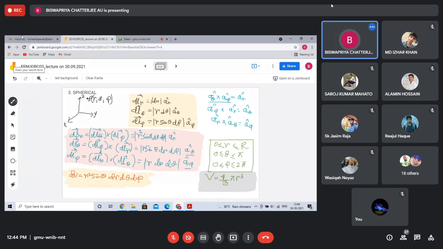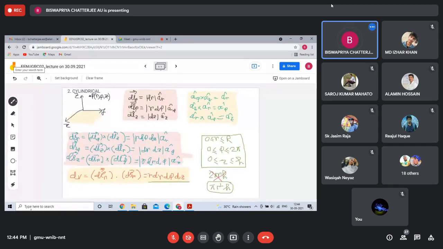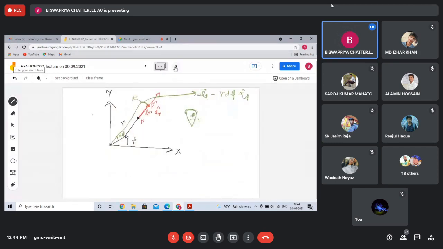Now if you go back just one slide, you see ds z is equal to r dr d phi, and it should be a z cap. You forget about this direction part.